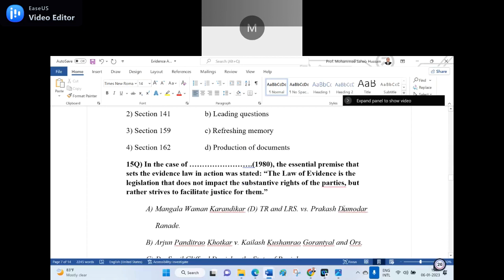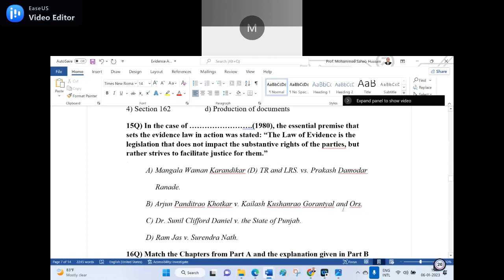A. Mangala Waman Karandikar versus Prakash Damodar Ranade. B. Arjun Pandit Rao Khotkar versus Kailash Kushanrao Gorantyal and others. C. Dr. Sunil Clifford Daniel versus State of Punjab. D. Ramjas versus Surendranath.